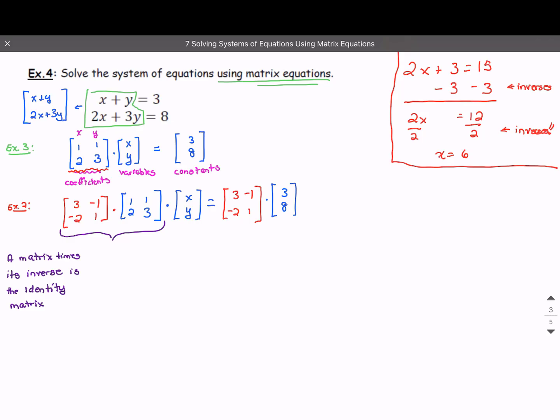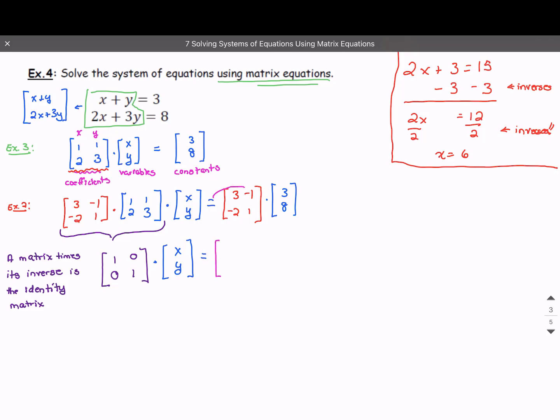And we could go through all the work and do that multiplication. So that means this is going to give us 1, 0, 0, 1, and we still have times x, y.